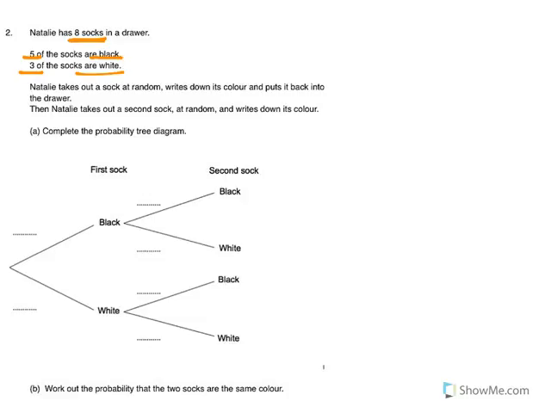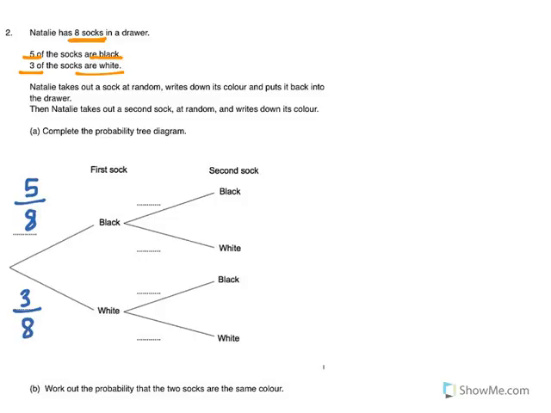Okay, so the most important thing to notice here is that we need to be working with fractions, because the chance of getting a black sock is 5 black socks out of a total of 8 socks altogether, and then 3 white socks out of a total of 8 altogether.